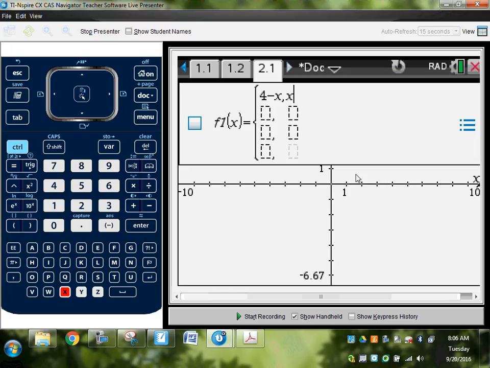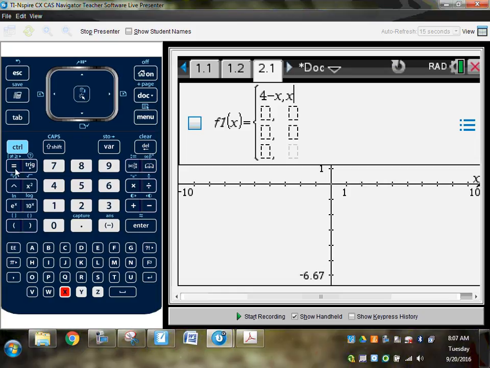Now, if you ever need a symbol to show up, and we're going to show you this, this is going to become one of your most used buttons. Hit Control equals, and all of these show up. So in this case, what was it, less than? Less than -2. And remember, you use negative, not minus.